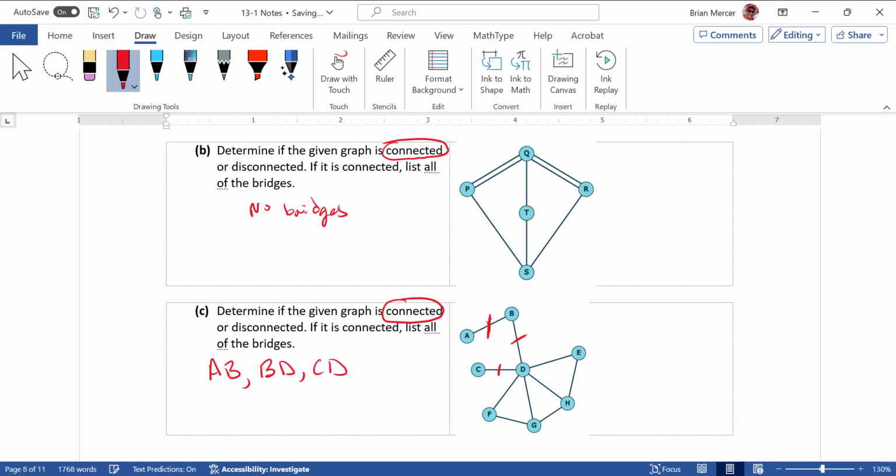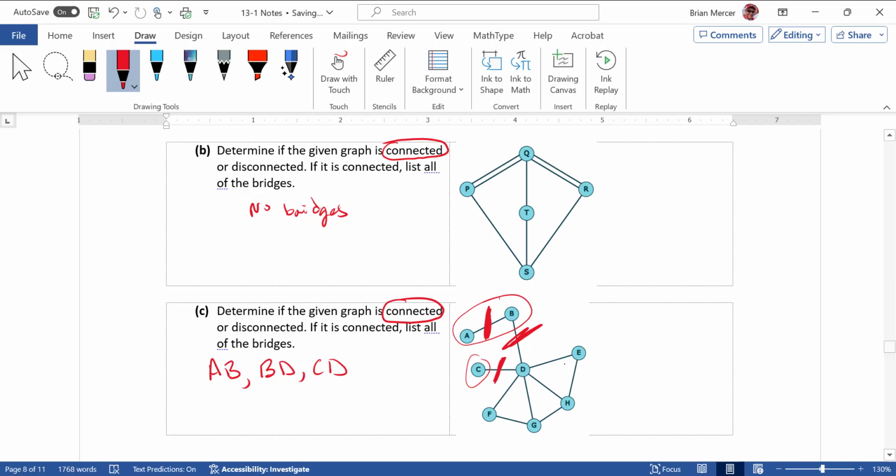Because, so if you took out this one, AB, then obviously A is disconnected from everything else. If you took out this one, BD, but then left the AB segment in, then that separates A and B from everything else. And if you took out this one right here, CD, then that would just separate C from everything else.